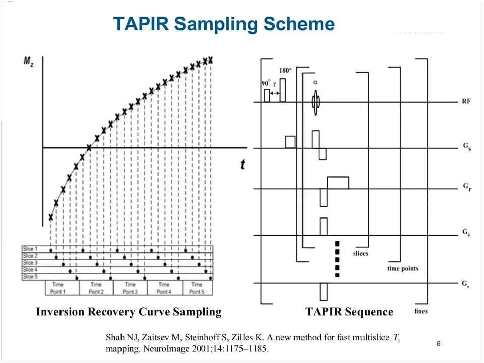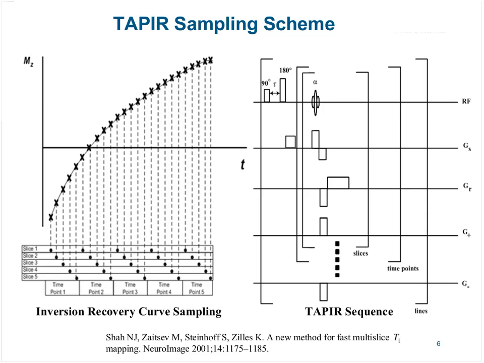The inverted magnetization is sampled in the following way. The most peripheral line in K-space is acquired by the application of a single slice selective alpha pulse. The alpha pulse excitation module is repeated for the next slice. This you can see inside these brackets. And after that, the next time point is sampled by repeating the same module. This you can see by the brackets shown here.